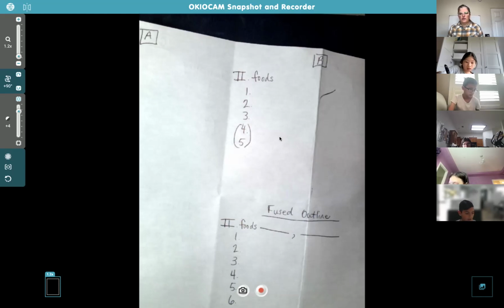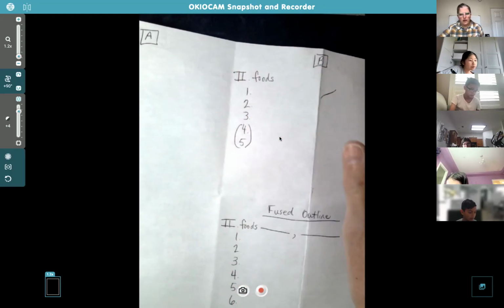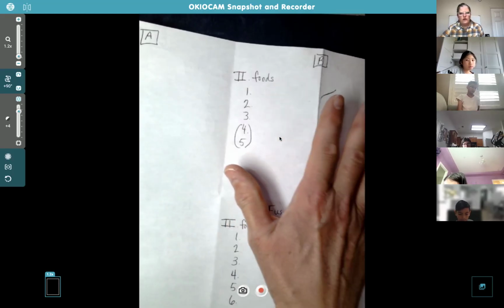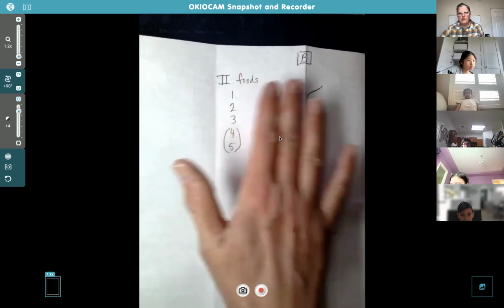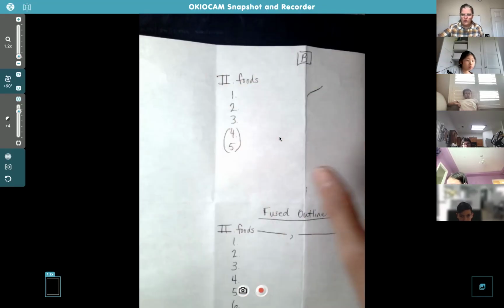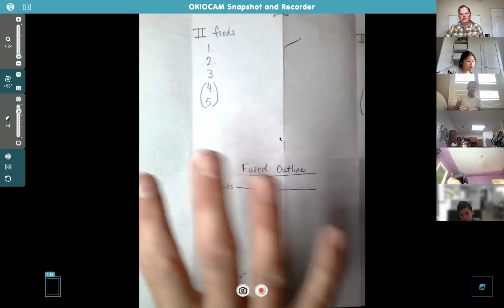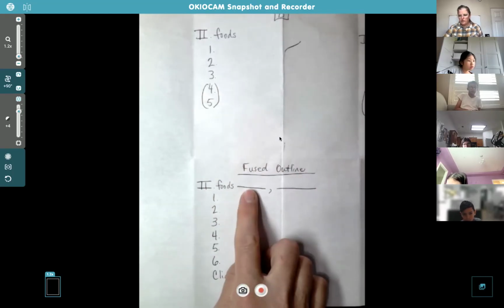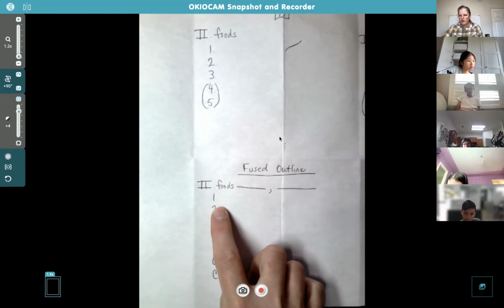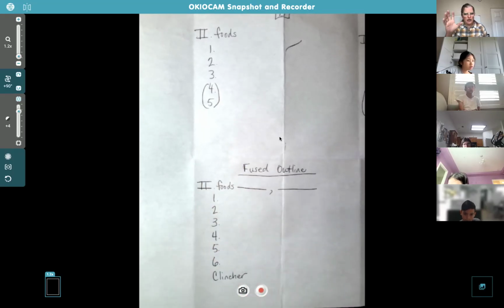Okay, so I think what I want to do now is give you a little bit more time to work. I think most of you have your top outlines done. If not, you're almost done. So try to finish your A, B, and or C, whichever ones you're using for your topic. And then if you're finished with the top part, I want you to start copying the facts here. Don't do these blanks yet, but do 1 through 6 and make sure they go together. So if you're talking about the factory, then talk about what foods they make at the factory.